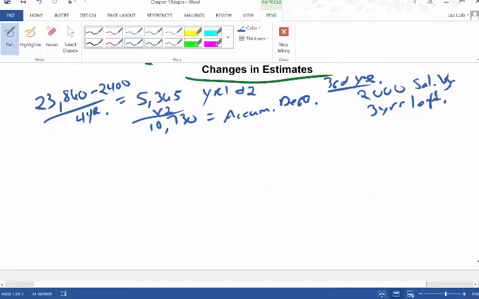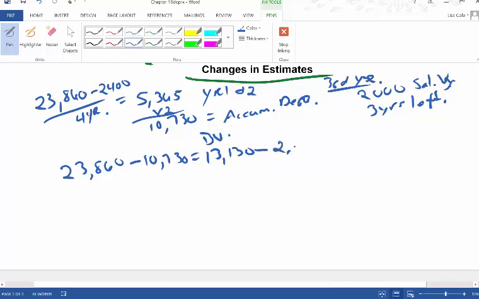And so you want to take your original cost of $23,860 and subtract our $10,730 from it, and it gives us our new book value of $13,130. That's our new book value. And then we want to subtract the new salvage value of $2,000 and divide the 3 years remaining life from that.